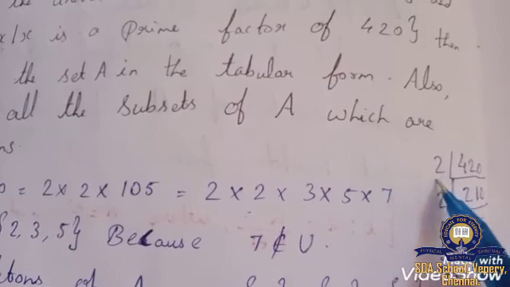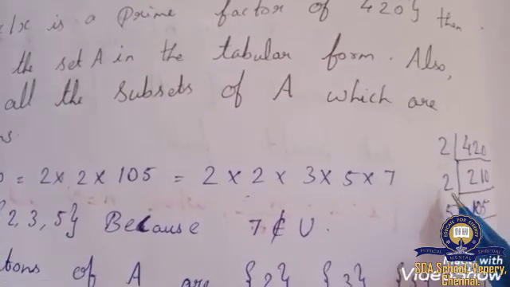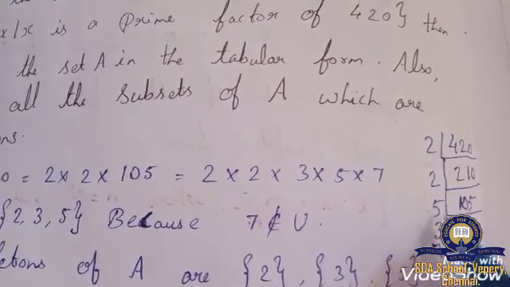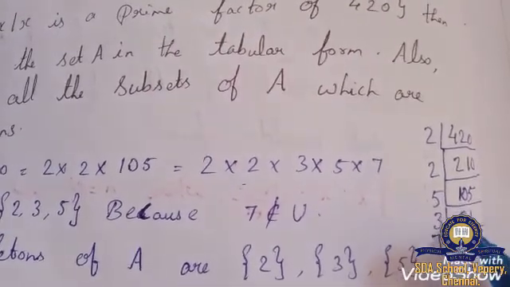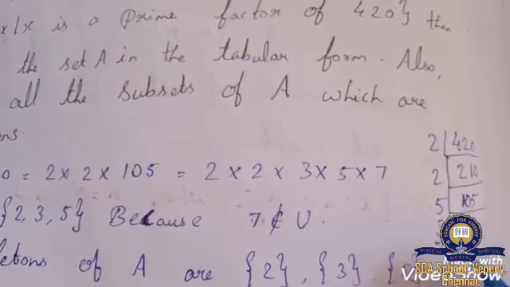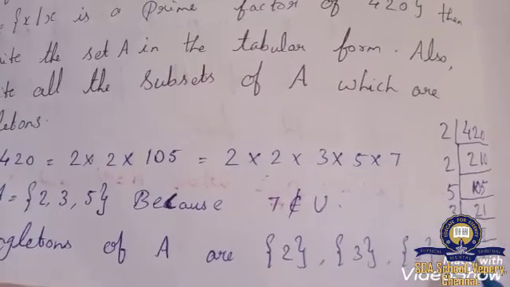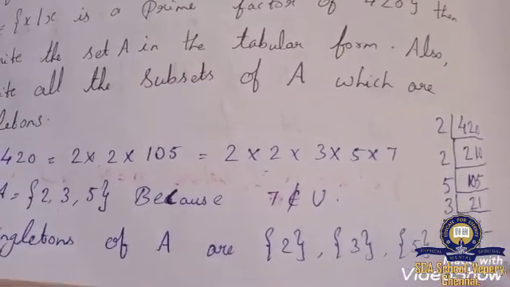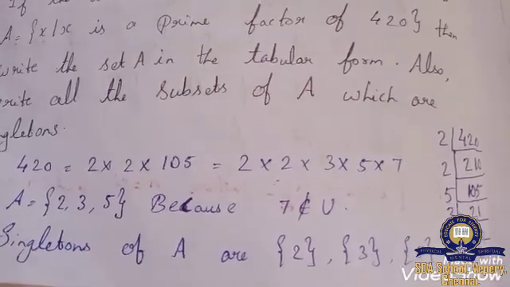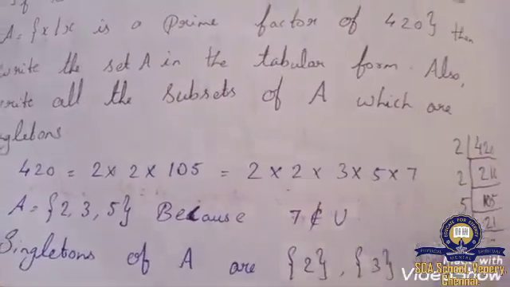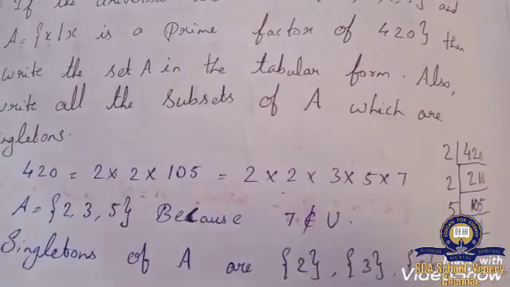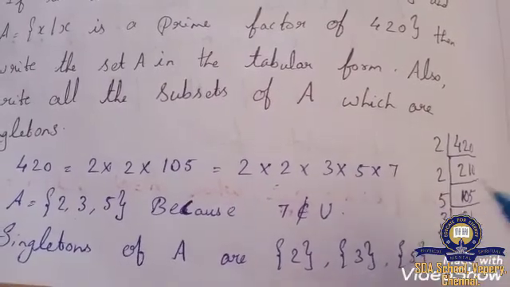420 is divisible by 2 and 210 is divisible by 2. So we get 105. 105 is divisible by 5. So we get 21. 21 is not divisible by 2, so we go for 3. So we get 7. 7 is divisible by 7, we get 1. So 420 is equal to 2 into 2 into 3 into 5 into 7.